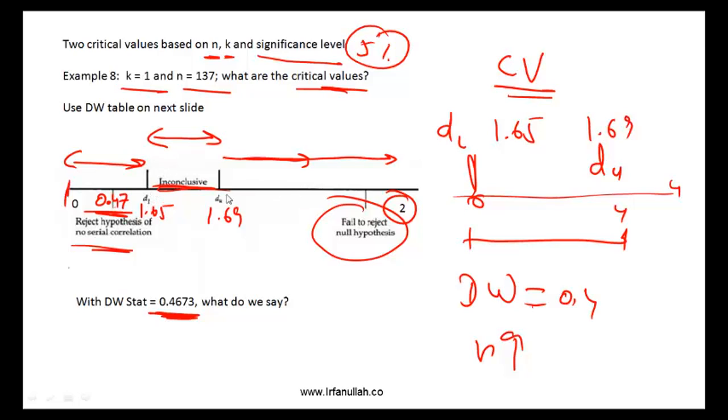Again we use the DL and the DU on the right hand side to figure out whether, if it is just a little bit above 2, then there is no serial correlation. If it is much more than 2, closer to 4, then there is negative correlation.